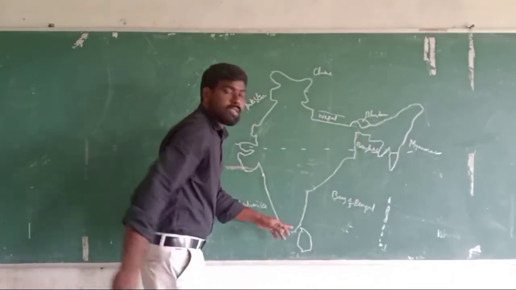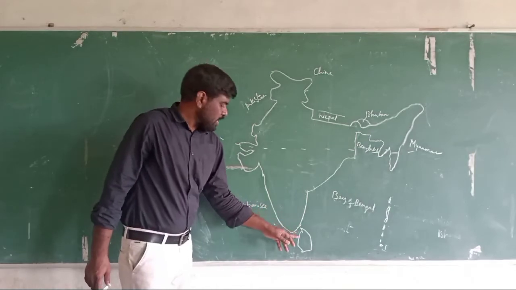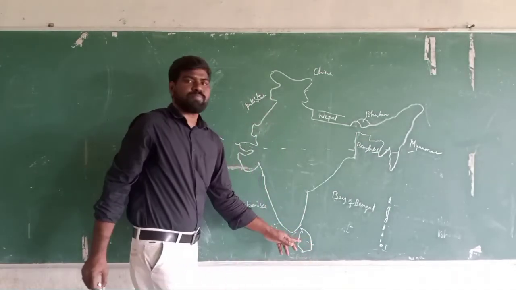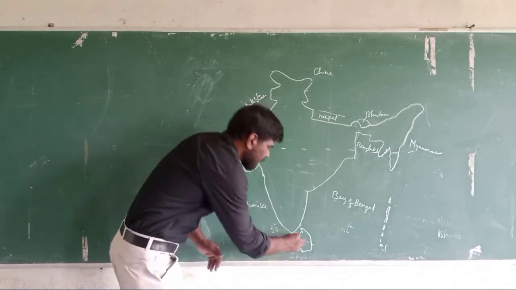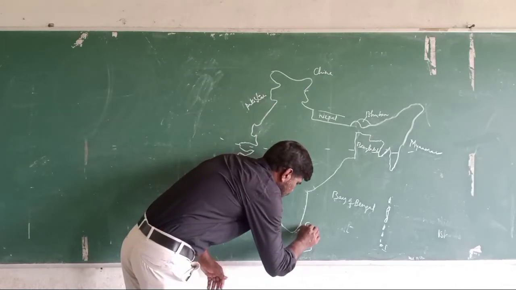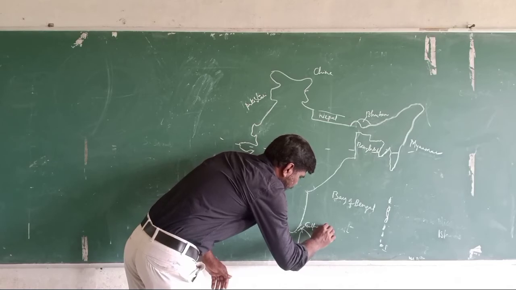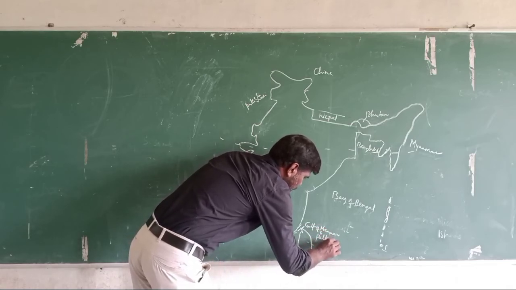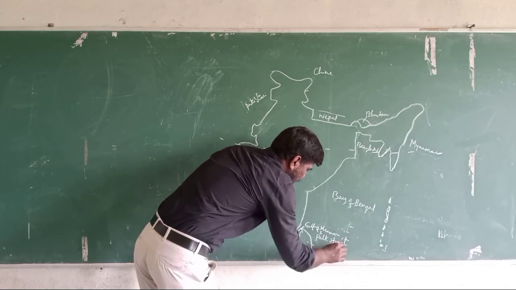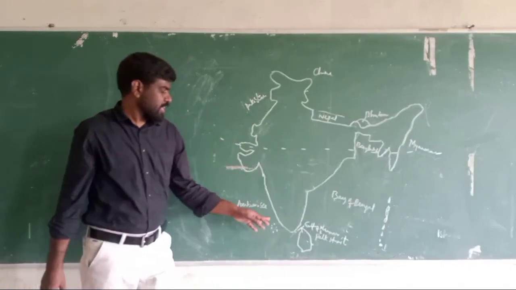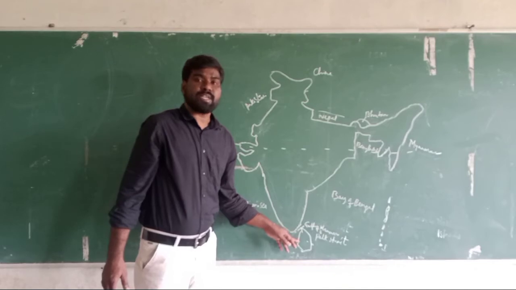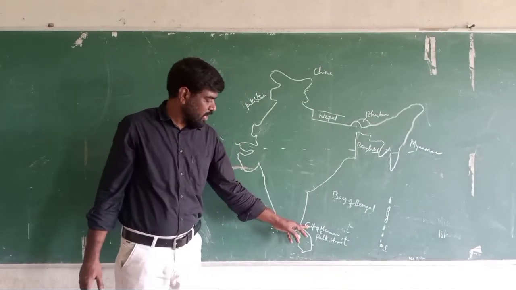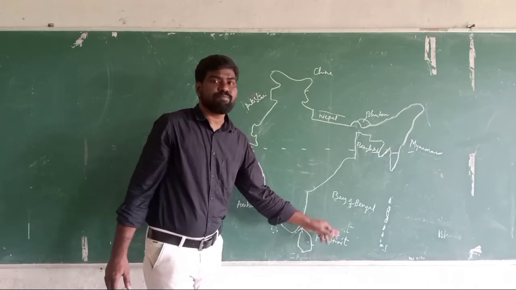And the nearest country across the ocean water is Sri Lanka, which is separated by Gulf of Mannar and Park Strait.